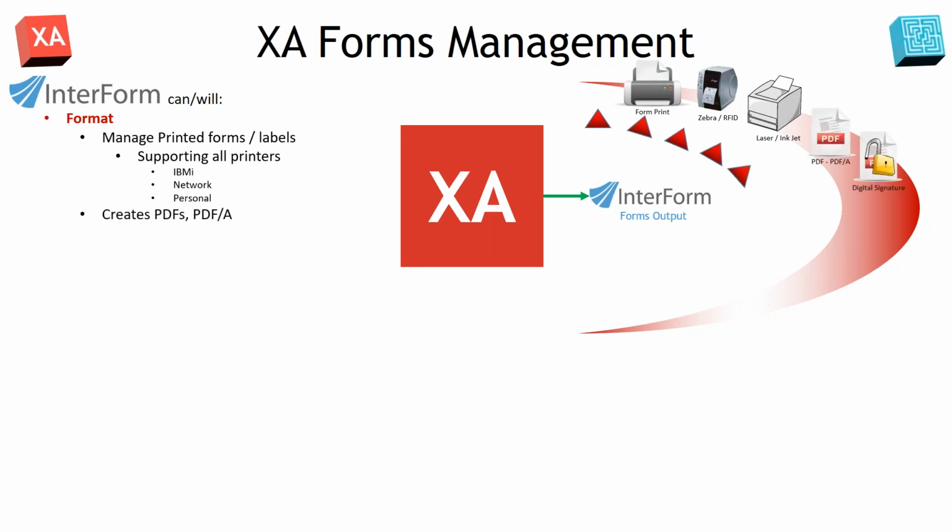The next piece, of course, is creating PDFs, because we don't always want to actually create printed forms. Sometimes we want to email them. Well, there's no reason. I have a lot of customers that print a form right now, then scan it, turn it into a PDF, and then manually email it. So what we have now is the ability to actually create the PDF direct.